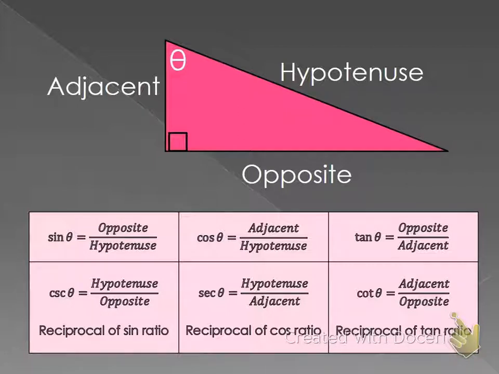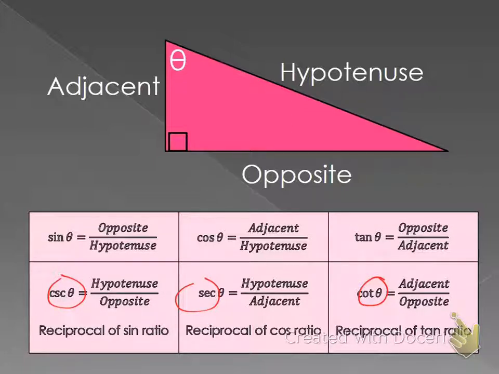So cosecant is defined as the hypotenuse over the opposite, so it's just sine flip-flopped. Secant is the hypotenuse over the adjacent, so it's just cosine flip-flopped. And cotangent is defined as the adjacent over the opposite, so it's just tangent flipped over.